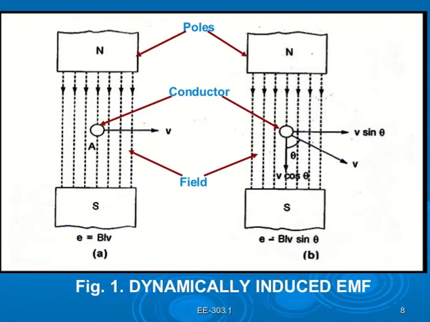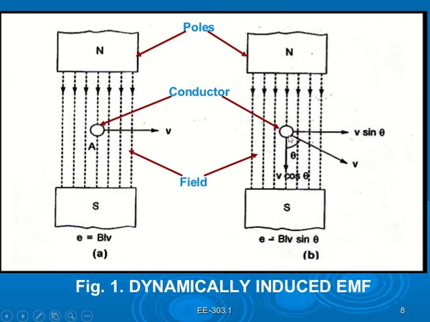Next we can see the derivation. Consider a north and south pole, and you have a coil here. The coil is represented by a dot, and suppose this coil is moving at a velocity v. Let v be the velocity, not the voltage.